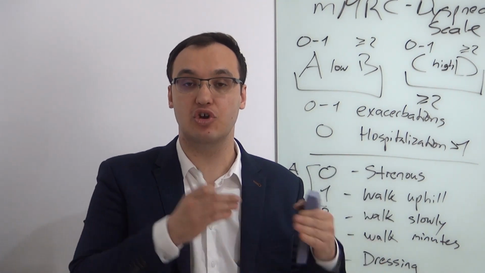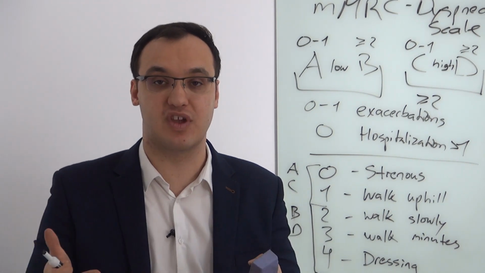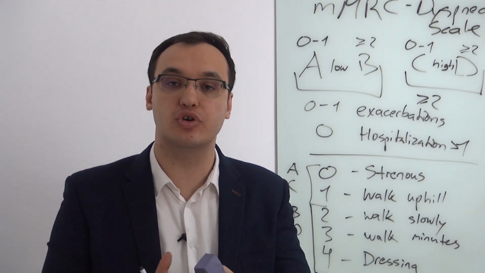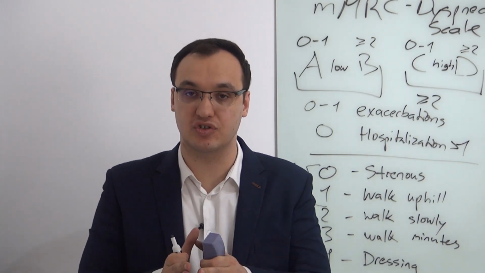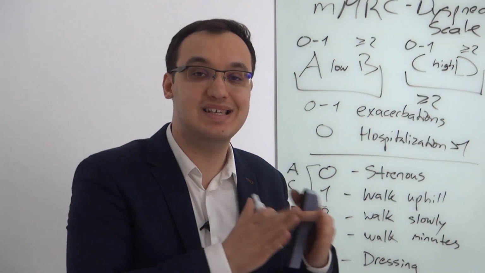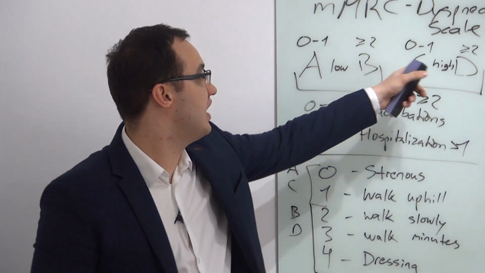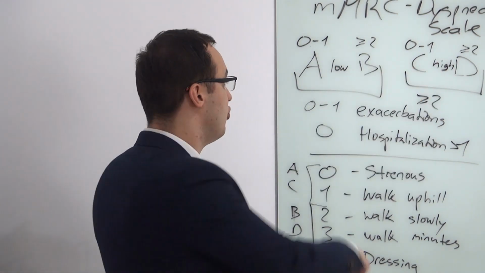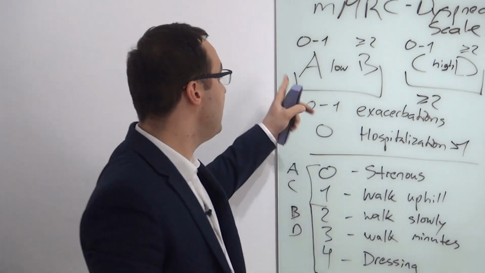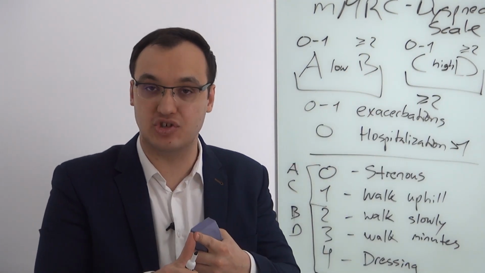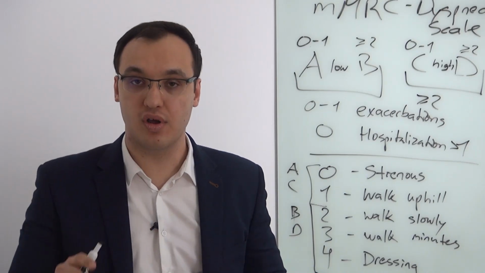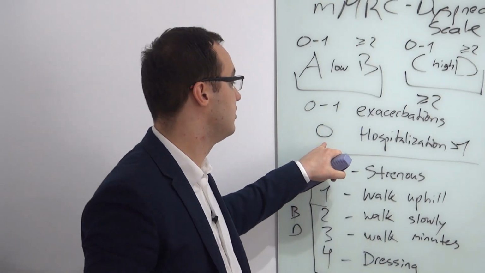Now we go on with the GOLD ABCD classification. Why? Because we want to give a treatment to this patient, and we can only give treatment to patients we have classified with ABCD. Then I do the ABCD. I group A and B, I group C and D. A and B are those that have 0 or 1 exacerbation, or 0 hospitalizations.